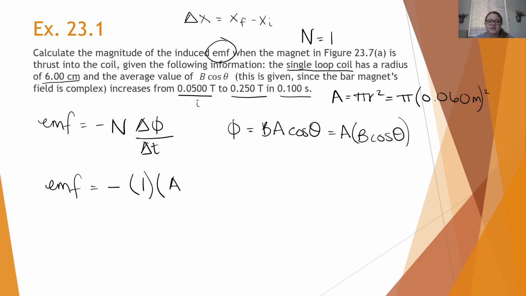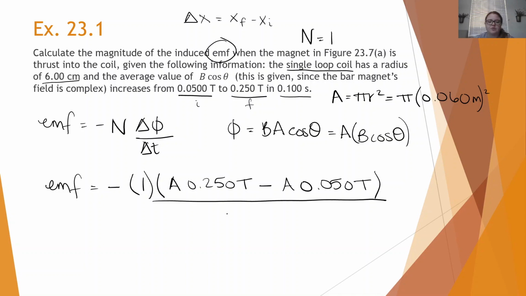So we'd have A times 0.250 Tesla minus A times 0.05 Tesla, divided by our change in time, which is 0.10 seconds.